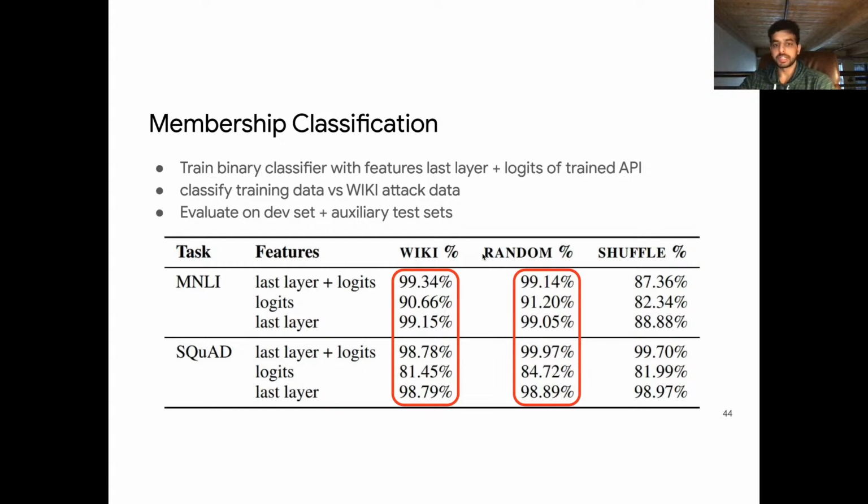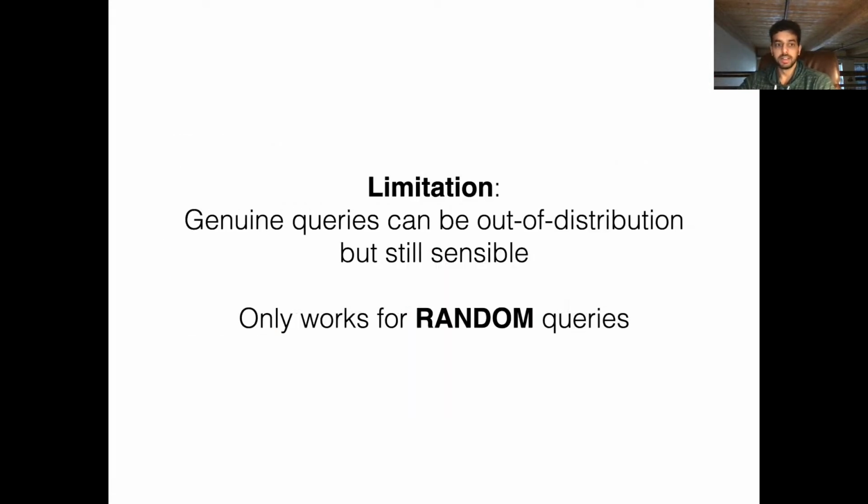And so you can train models to detect whether some attacker is randomly sampling sentences or sampling them from Wikipedia or whatever. But this is really not a feasible defense because you're really limited by the performance of this classifier. There can be many legitimate queries that can be out of distribution for your training data, right?